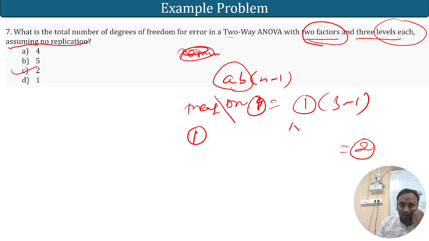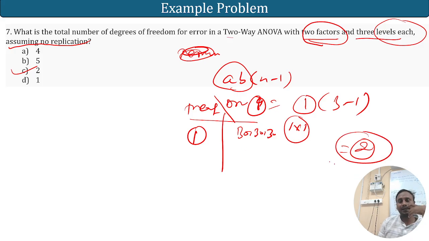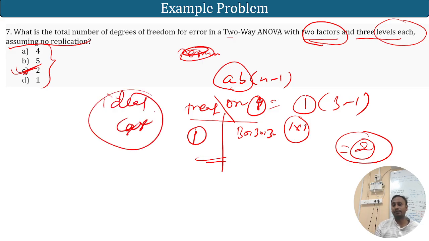So 1 into 1. Then in each we have 3, 30, 30, 30 for all cases. So what will be there? In this case, this will become a 2, but that is not possible because only one is coming. So 2 is the answer actually. Okay, I'm just taking the ideal case.